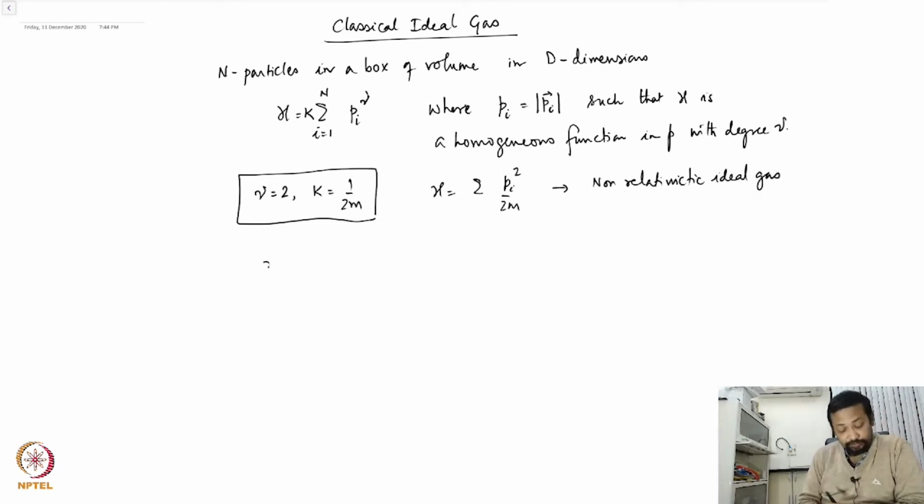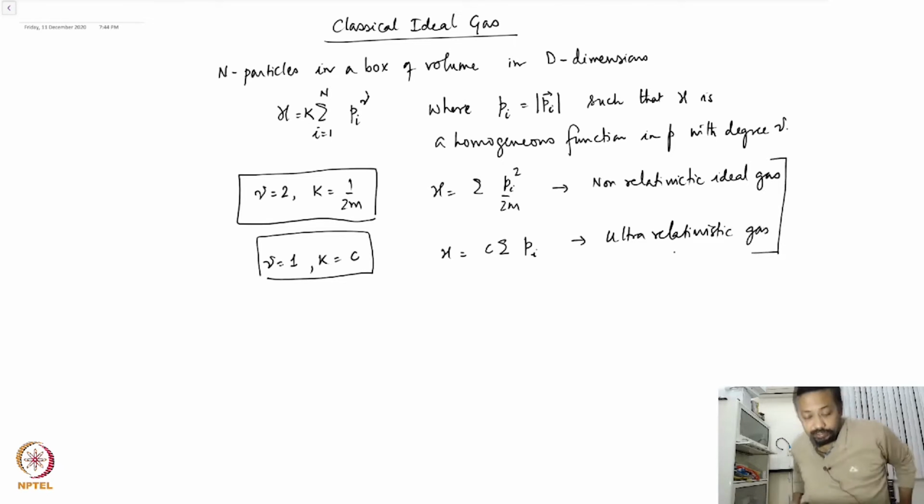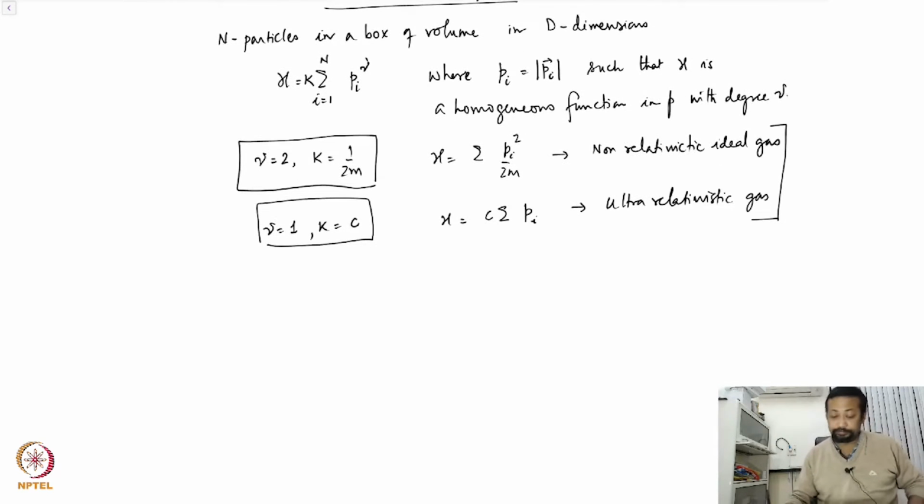The second case of interest is nu equal to 1 and kappa equal to c, in which case this is the sum over p_i times c, and this is an ultra-relativistic gas. We'll come back to these special cases later on, right?